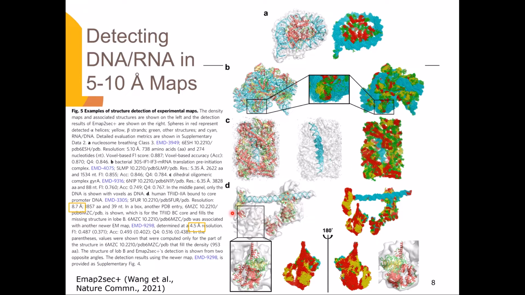Later, they determined the same structure at 4.5 angstrom and provided the fitted structure in this region. But if you use deep learning, even at 8.7 angstrom, you can see the secondary structure pattern relatively well, and it turned out this pattern agrees well with the later determined structure in this region.